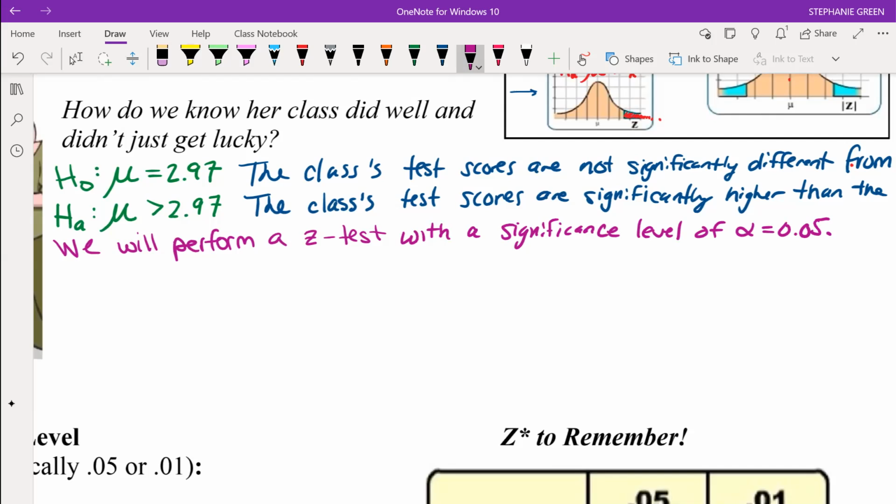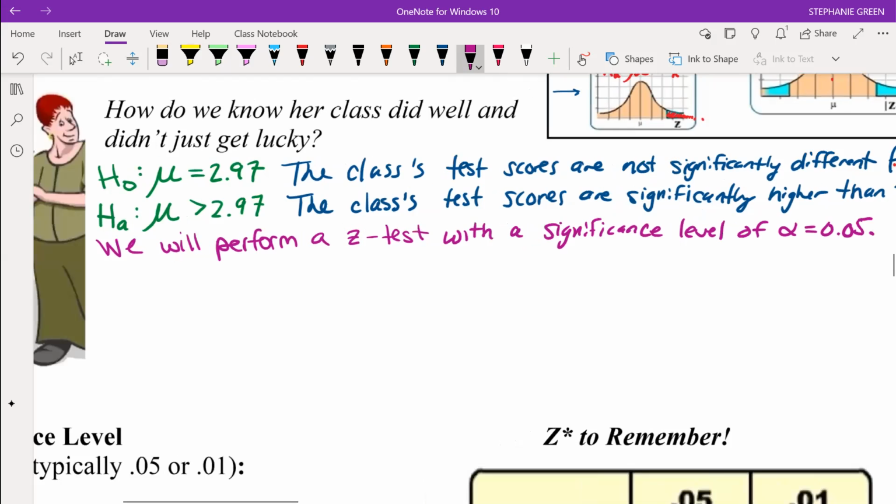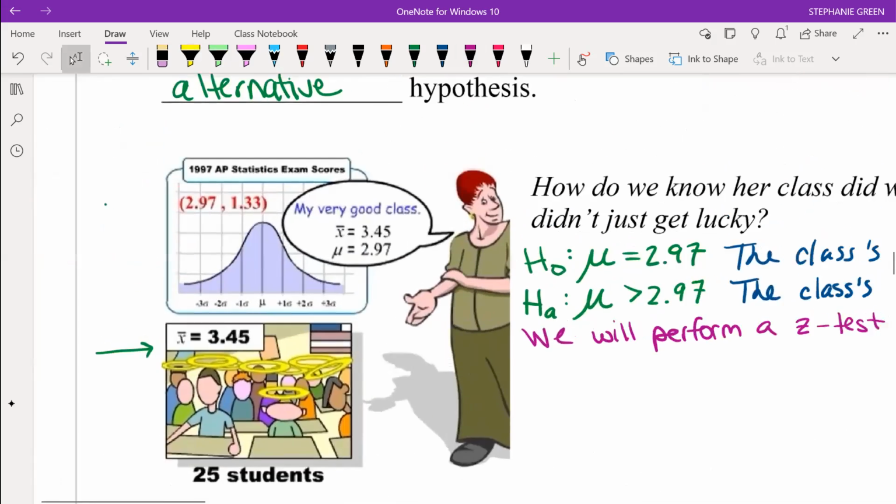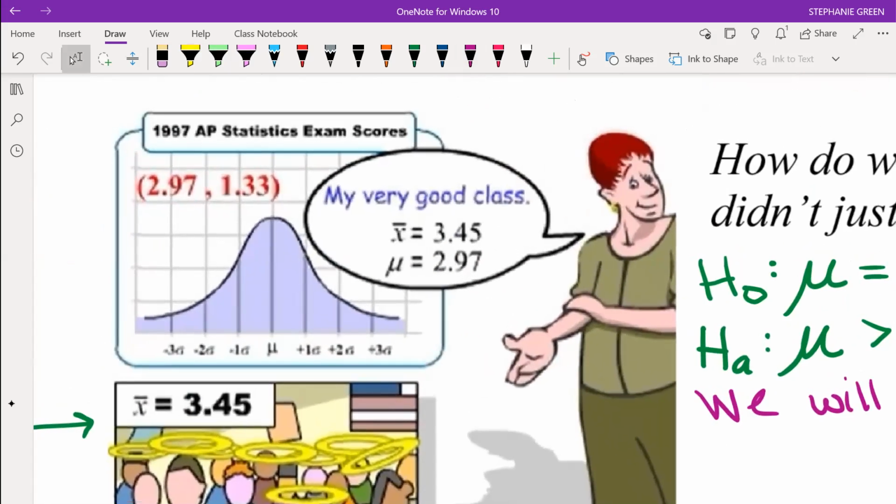Okay, the other part of step two, though, we also need to confirm that all the conditions for performing a z-test are met. And the only condition that has to be met here is that we have to ensure that we're looking at a normal distribution. So looking back at our data here, I believe in the actual problem on Apex, it does say this is for sure normal. The shape of this curve definitely does support that as well as what we see down here.